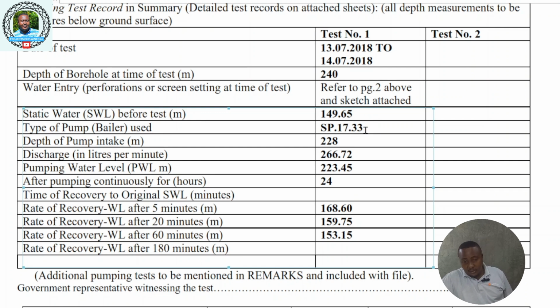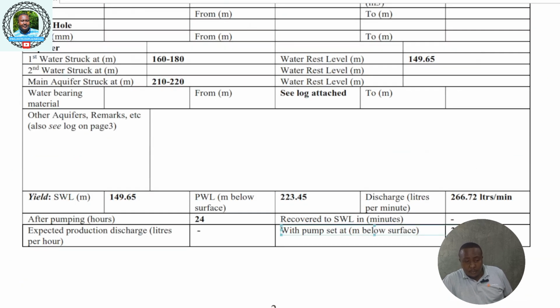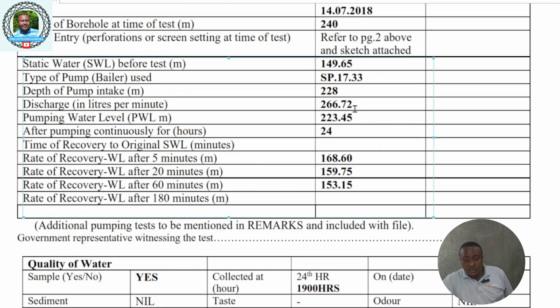Depending on the size of the pump that the driller has used, it will be indicated there. Then the depth of the pump intake 228, same as we saw here. So we go to the discharge in liters, 266.72, and I told you this you can divide by 16.67 to get meter cubed. Then pumping water level, this is the last reading of test pumping, indicated there. After pumping continuous 24 hours.